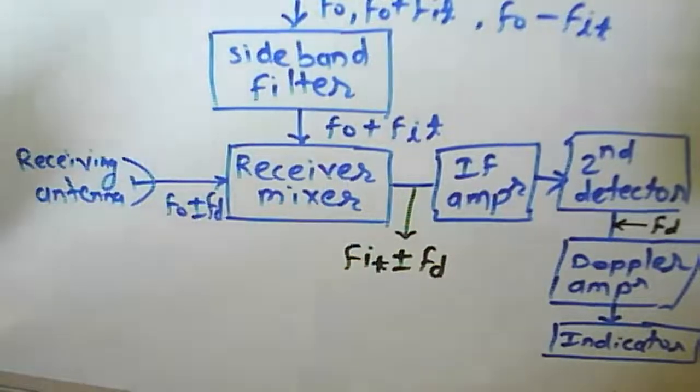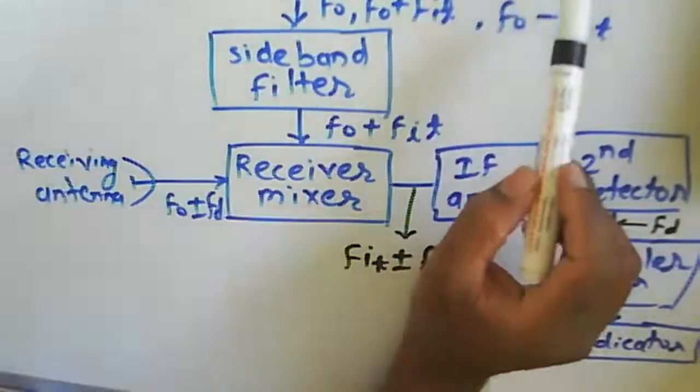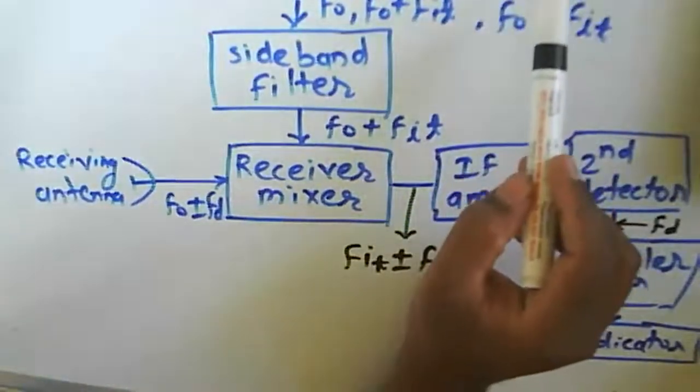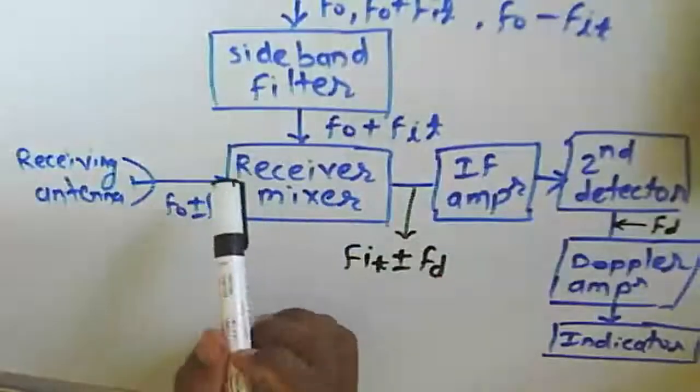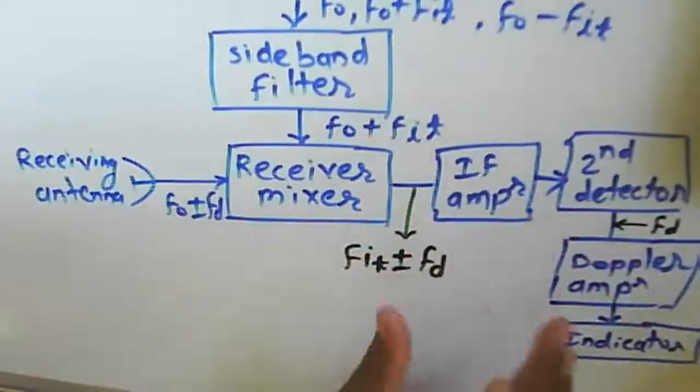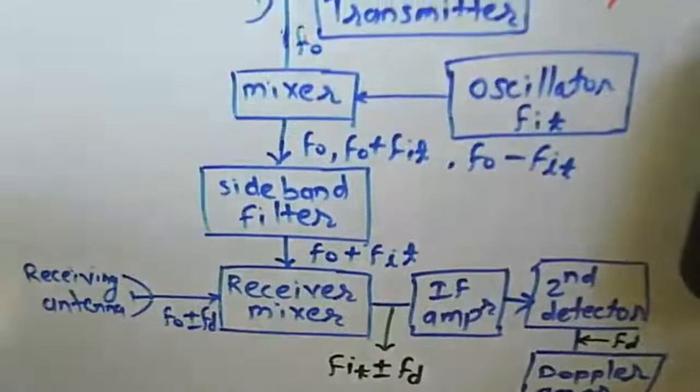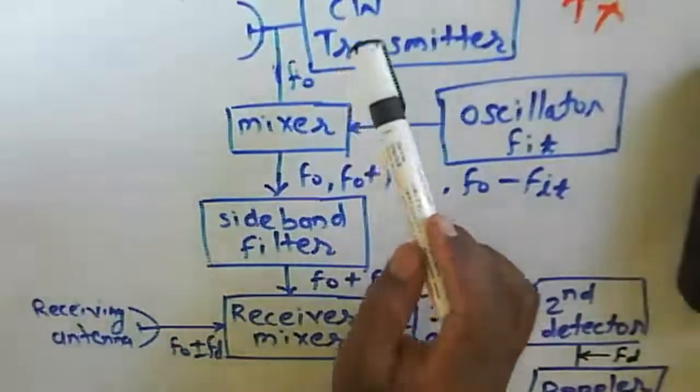here. So how to improve the receiver sensitivity? We say that there is noise and everything. That's why we are supposed to add a local oscillator that will be for reference purposes. So this one is about the section of a receiver. Now this particular section has the transmitter.